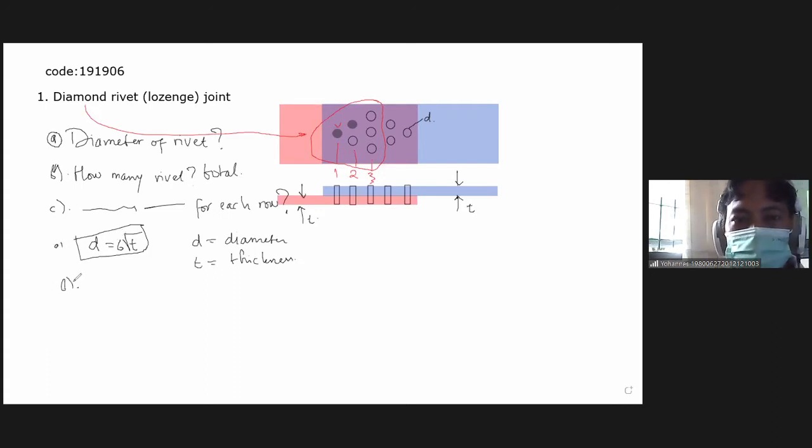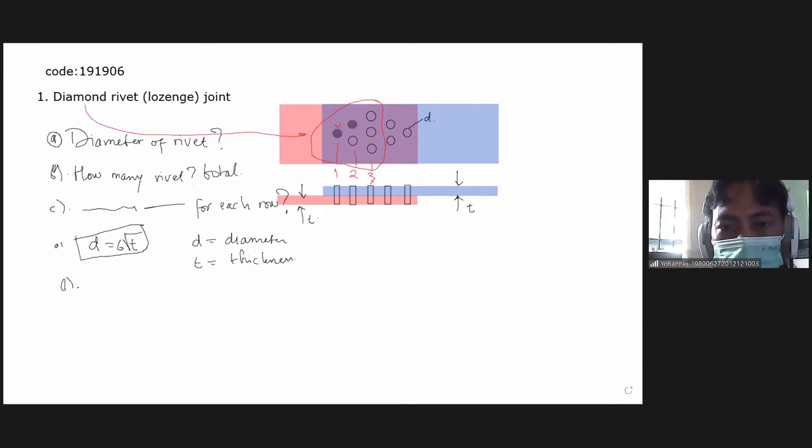how many rivets in total in the joint? For this question, we have to consider the strength of the rivet and the strength of the plate.